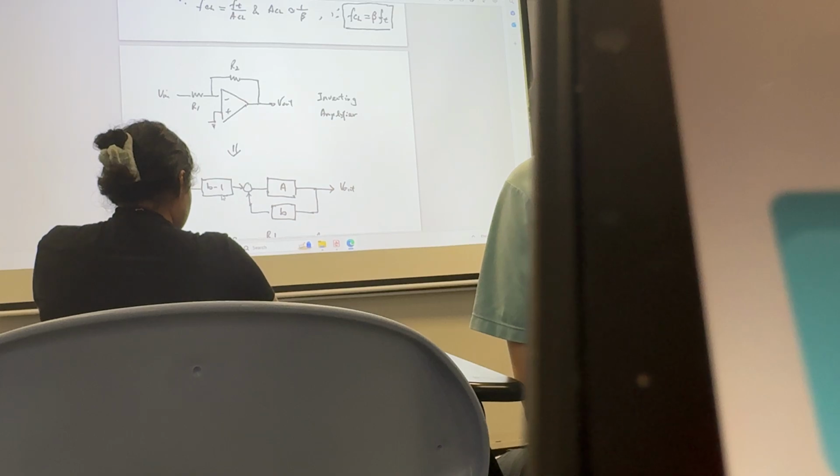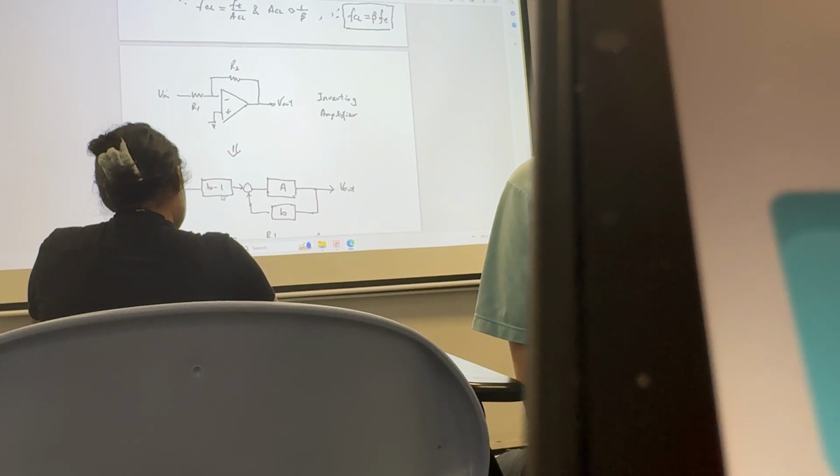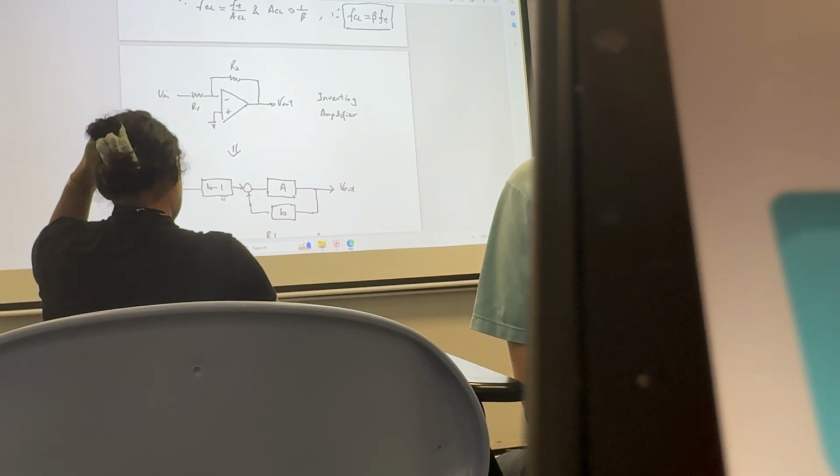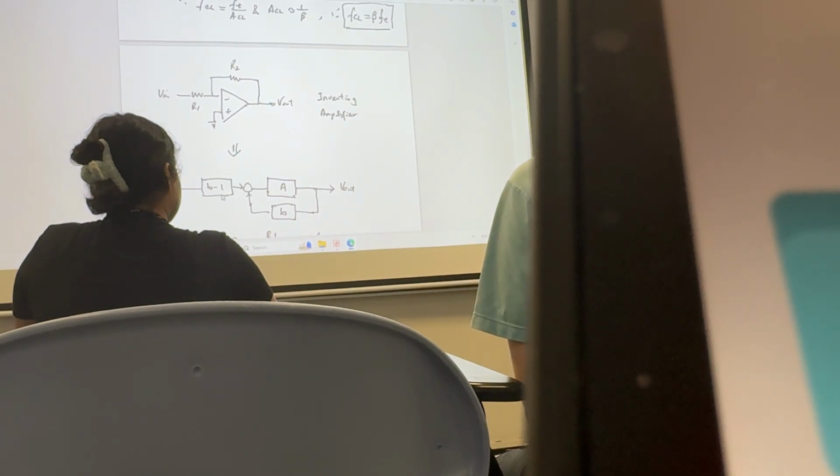How do you relate output and input? Now remember that V out is V epsilon times A, but negative. This is equation 1. Okay, equation 1 you can establish, right? V epsilon times A, the open loop gain, you will get the output.